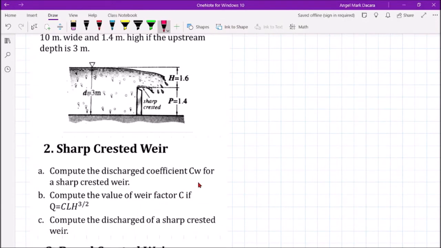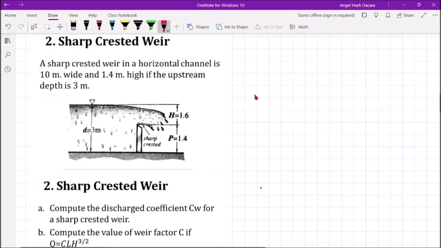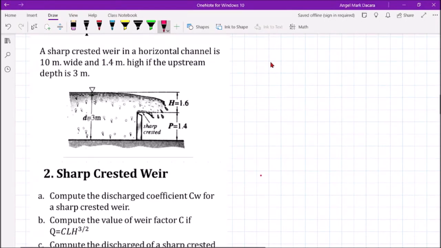Okay? So, iba yung tawag niya dun sa letter C. The discharge formula, the general formula, is Q equals C L H raised to N, for all types of weirs.